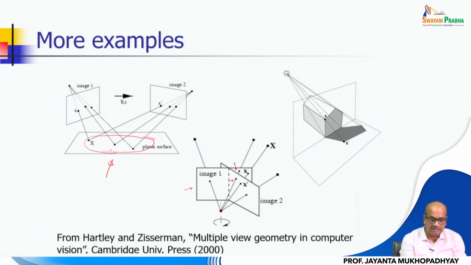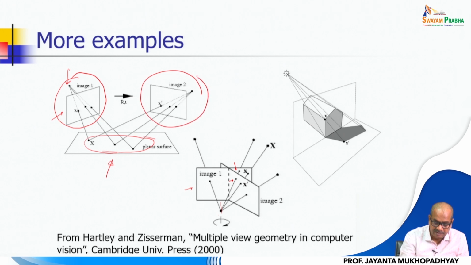But they are forming images again in two views. This is one projective space defining its center of projection and image plane. This is another projective space defining its center of projection and image plane. Now these are the image points of the same point on a two-dimensional plane.